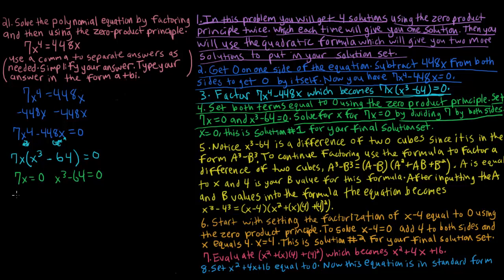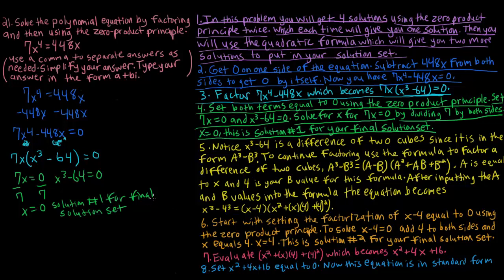So if we divide both sides of 7x equals 0 by 7, then we end up with x equals 0. And x equals 0 is solution number 1 for your final solution set.